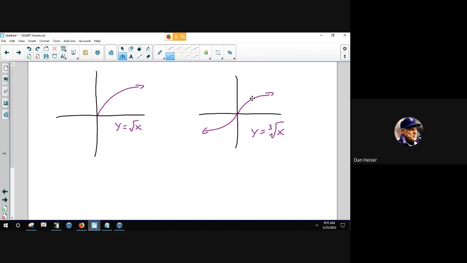It looks like this has been flipped and then flipped again, or simply just rotated down, as if we took this and just rotated it down this way. So now we get a second part of the graph. And with any odd index, we will get a two-part graph. With an even index, square root, fourth root, sixth root, etc., we will only get this part of the graph.